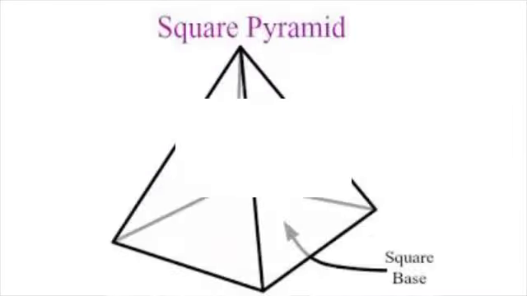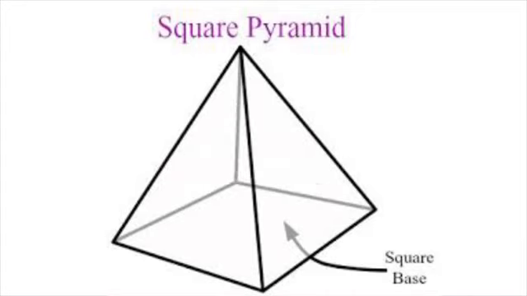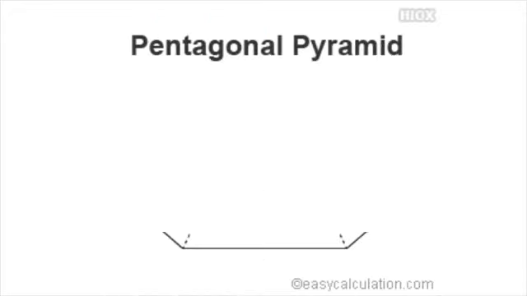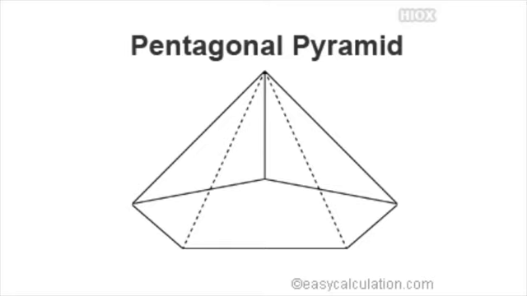Square pyramid has 5 faces, 4 side faces are triangles, the base is a square, has 5 vertices or corner points, and it has 8 edges. Pentagonal pyramid has 6 faces, 5 side faces are triangles, the base is a pentagon, has 6 vertices or corner points, and has 10 edges.